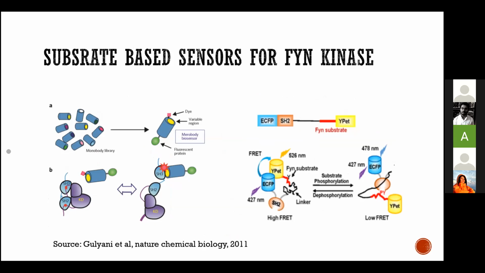So this biosensor was very primitive. You can see they have taken three components, and it was 2011 only. So they made this very primitive biosensor model just to check Fin. Fin was their target from long before.